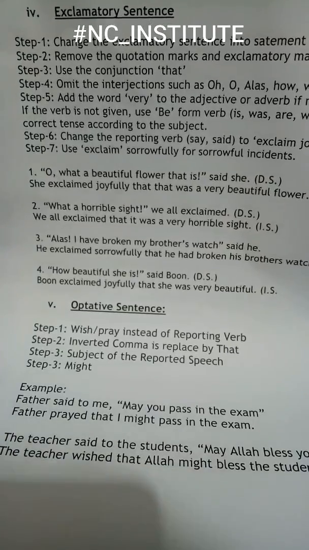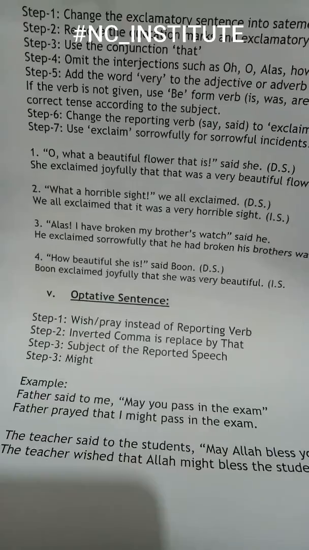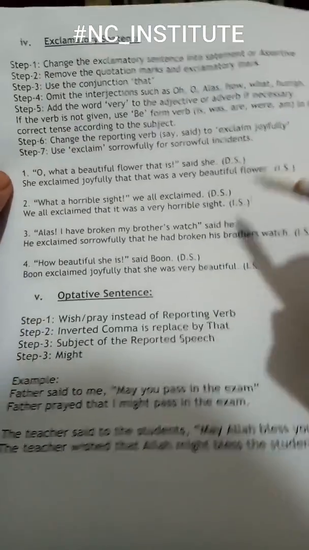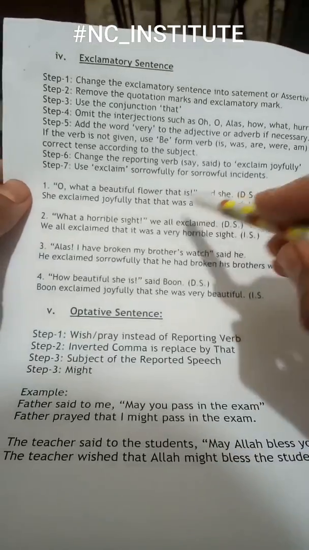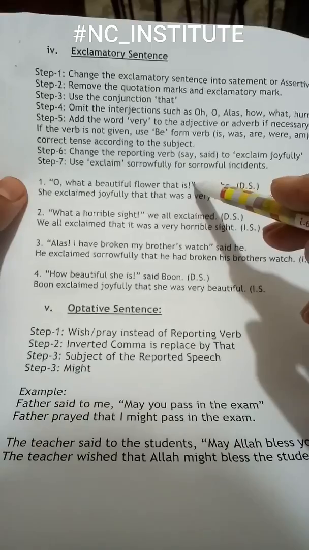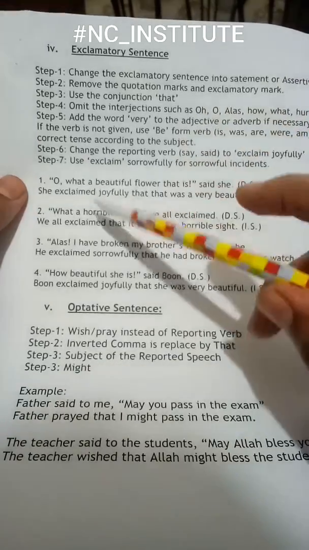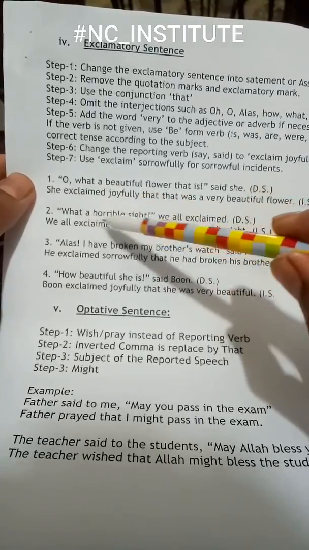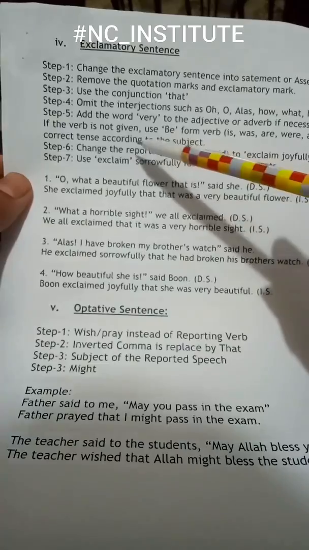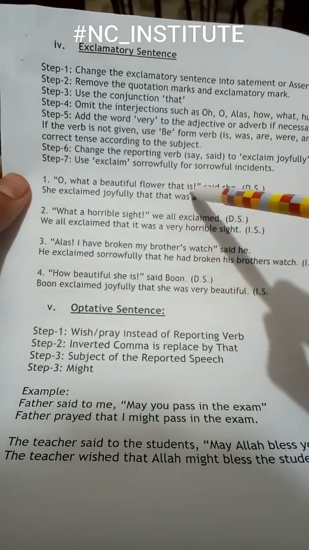In an exclamatory sentence, we need to first remove the note of exclamation at the end of the sentence. Then remove the quotation marks, I mean inverted commas. After that, the expression oh, alas, what a horrible sight, whatever, must be removed from the sentence. And if the verb is not given, use the be verb. So, oh, what a beautiful flower that is.